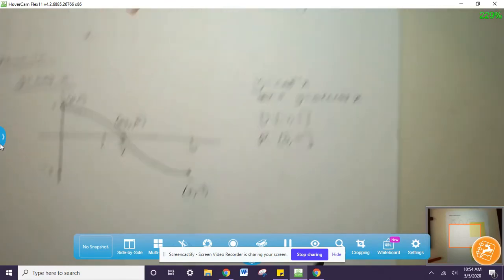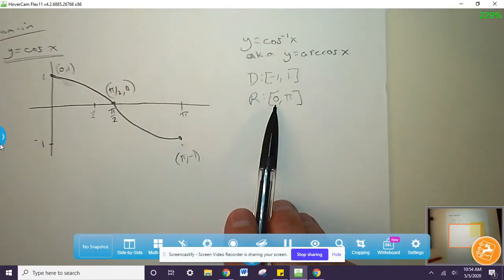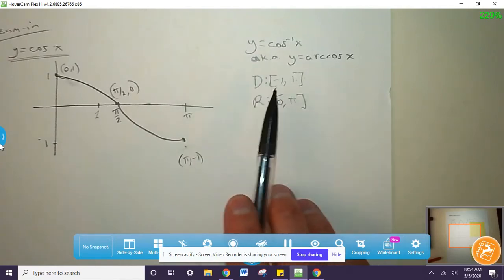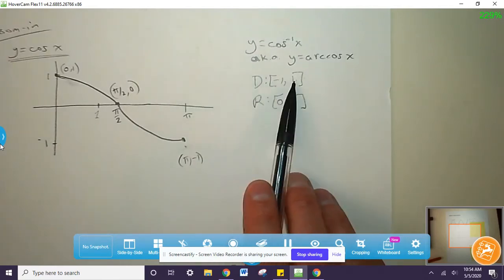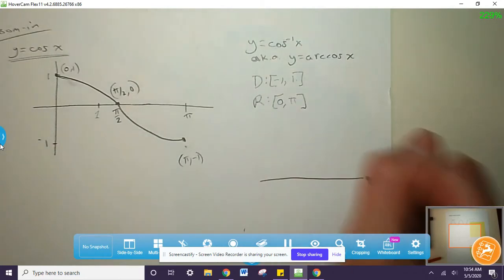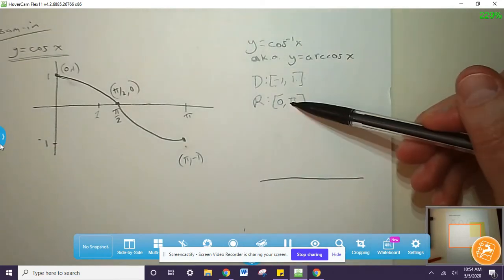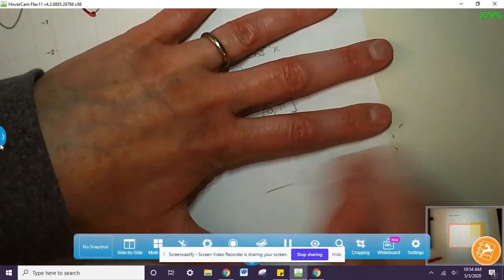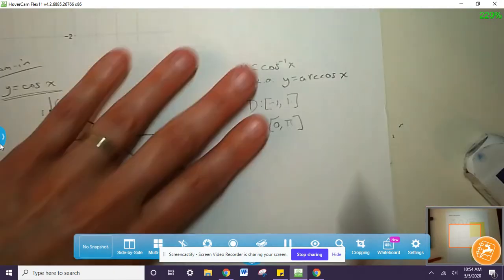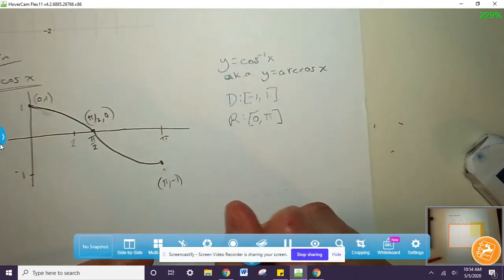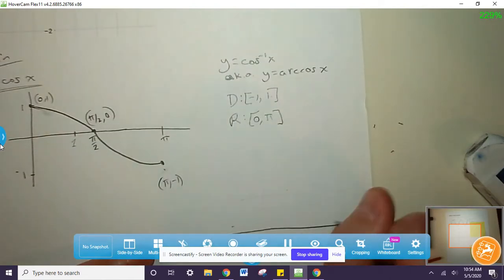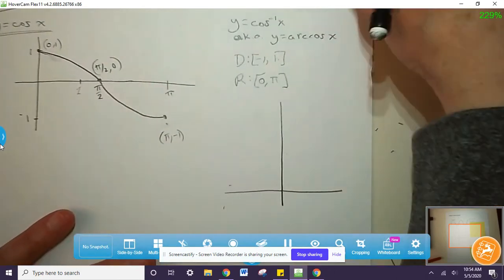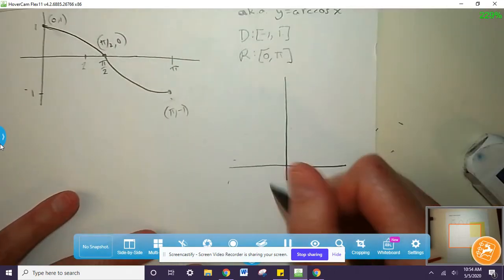So now that I switched domain and range, the next step I gave was to set up the axes. So thinking about the axes, we need to go from -1 to 1 on the x-axis. For the y-axis, we have to go from 0 to pi. So we actually don't need anything below the x-axis. So as you go to set up your graph for the inverse, if you keep that in mind, you might set up your axes a little bit more like this, because you don't need anything down here.